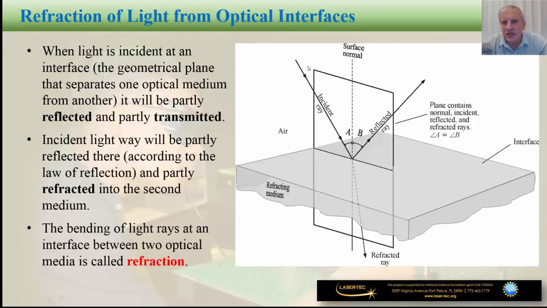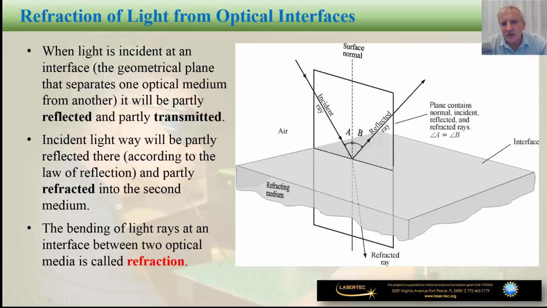So in the picture on the right hand side, you can see the incident light ray, and then you can also see the reflected light ray, which we analyzed on the previous slides. However, now we are also looking at the third light ray, which is this refracted light ray that enters the second medium. So we are analyzing the two media here, the first being the air, and then the second being this medium that's labeled as refracting medium. It can be glass or plastic or any other medium.